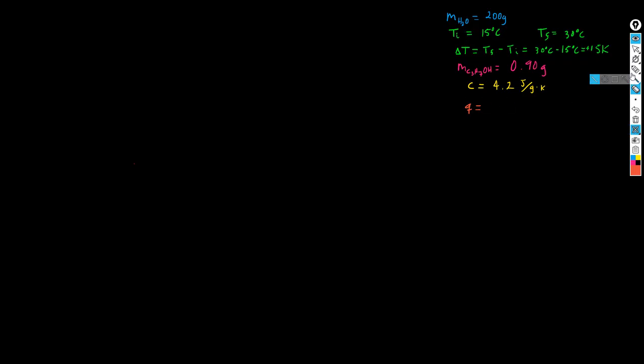So again, how do we calculate this? The actual equation is exactly the same as what we saw before. Q is equal to mc delta T. So what is Q? Q is the Q of the surroundings, so we'll be looking at the Q of the water. M is the mass of the water, which they were nice enough to give us, not even in volume. They just told us it's 200 grams.